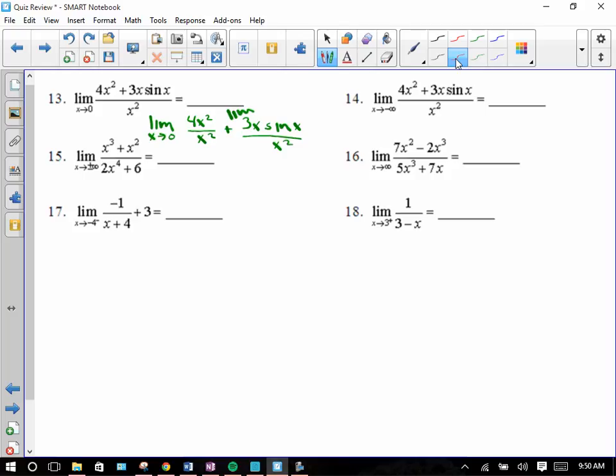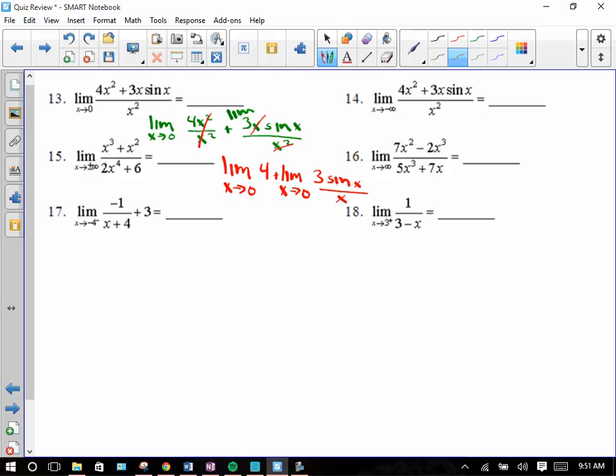Alright? So this x squared cancels out with that x squared. This x cancels out with that x squared, so that's one of those x's. So what I really have is the limit as x approaches 0 of 4 plus the limit as x approaches 0 of 3 sine x over x.